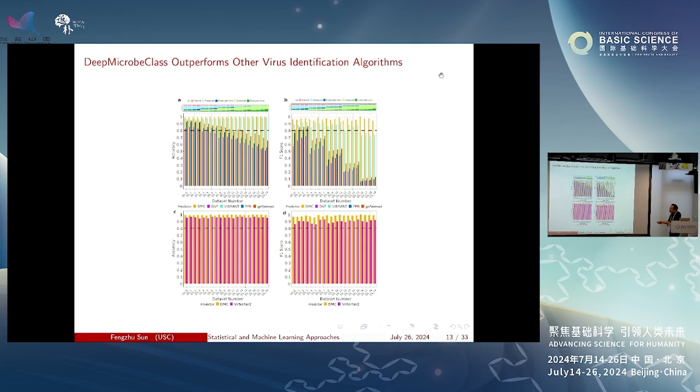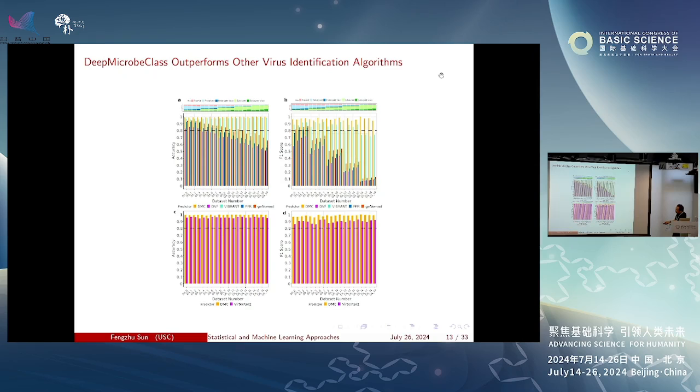We compared with other programs that do virus identification, including our own program called DeepVirFinder, and we showed that our method performs the best. These are the F1 scores, those are the AUC curves.